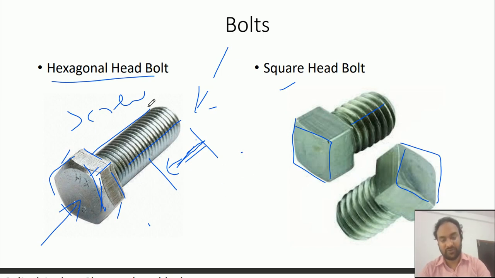A nut will be used in both cases, only the difference is the length of the threaded part. I repeat, in a bolt there will be some unthreaded part, that is the shank. But in a screw, the whole length of the shank is threaded, so it becomes a screw.